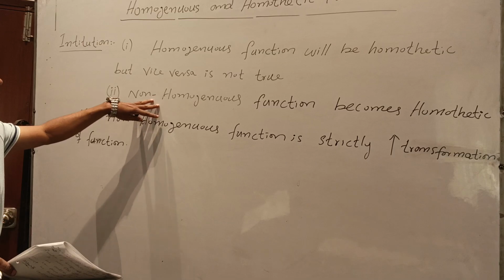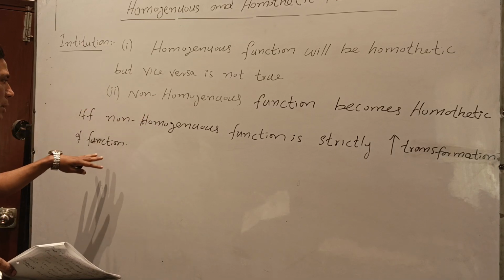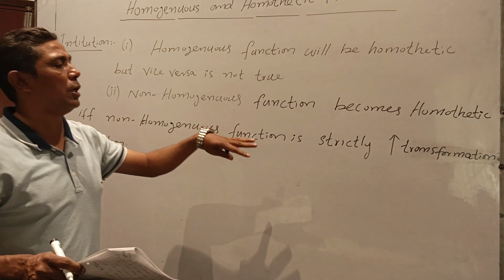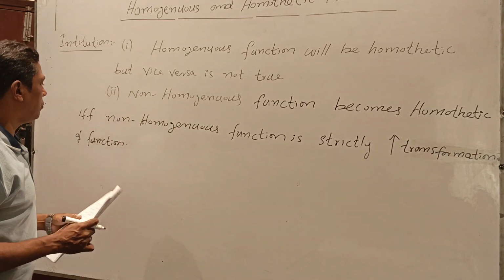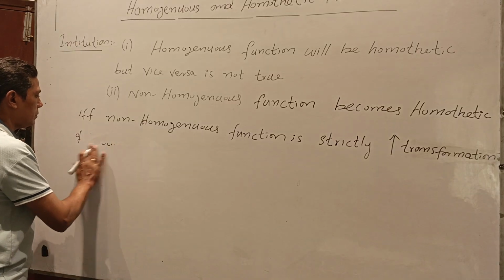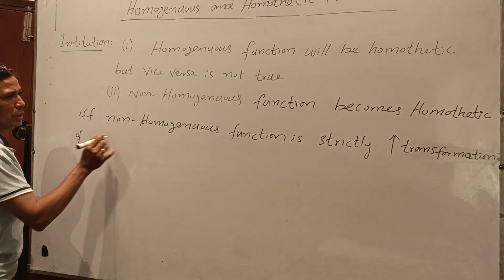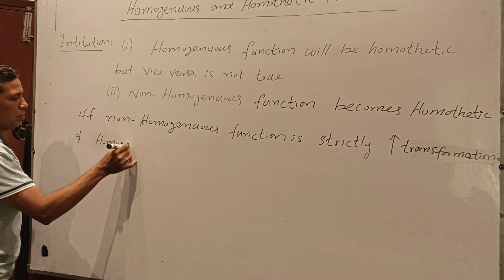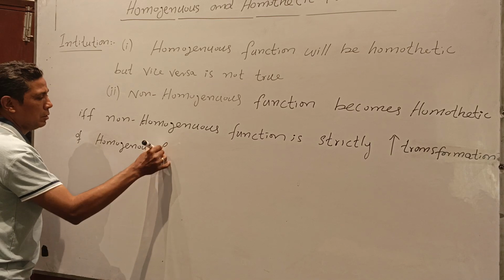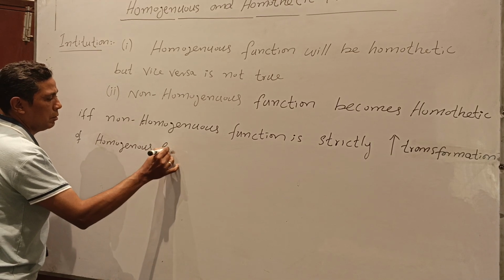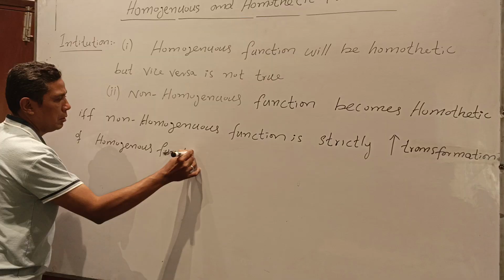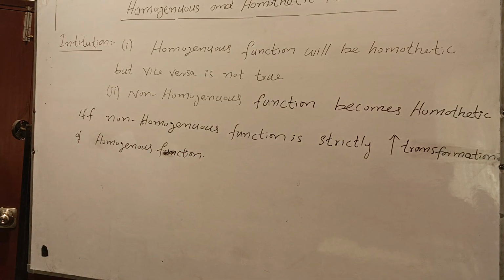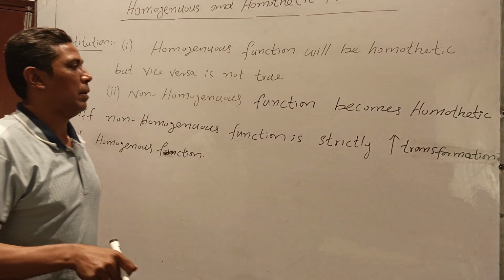And the second statement is that a non-homogeneous function becomes homothetic if it is a strictly increasing transformation of a homogeneous function. Clear? We will discuss in detail.